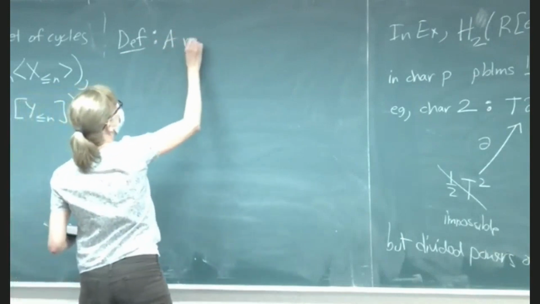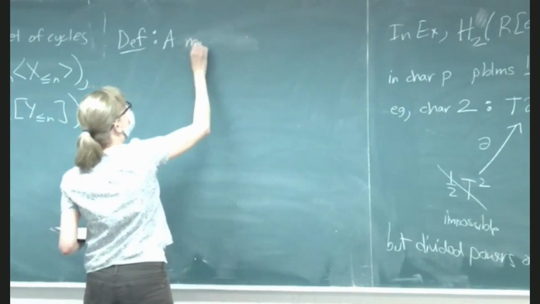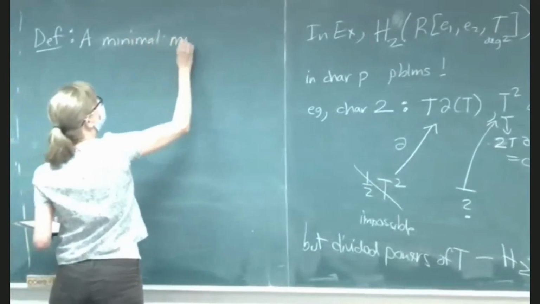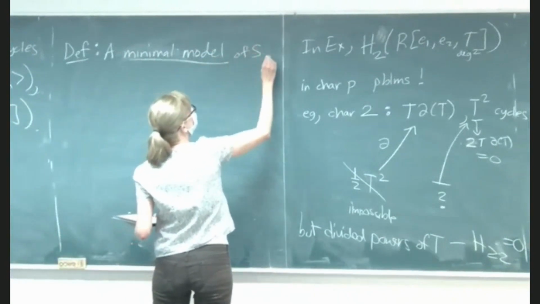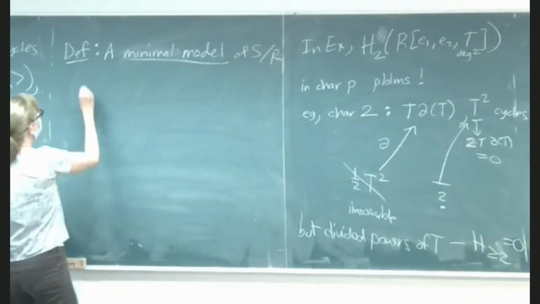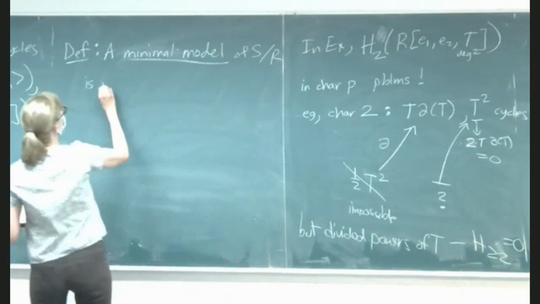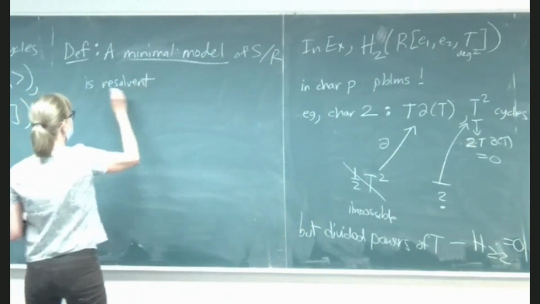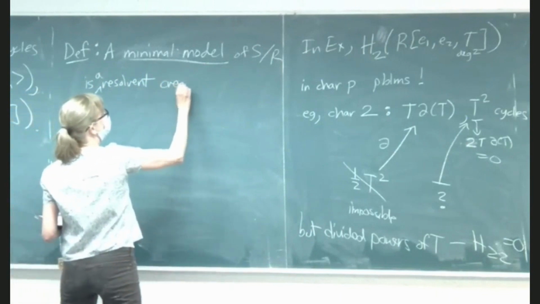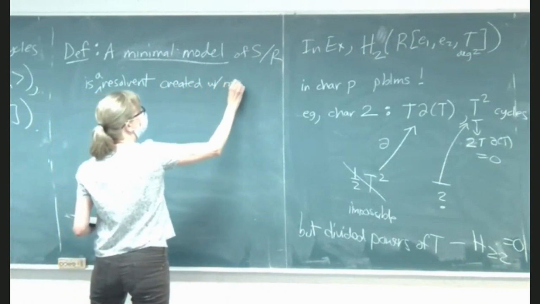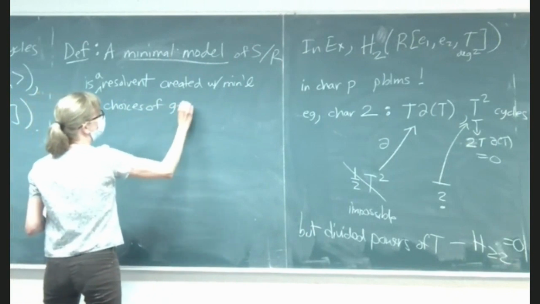So a minimal model of S over R is, I'll just use that name, a resolvent created with minimal choices of generators.